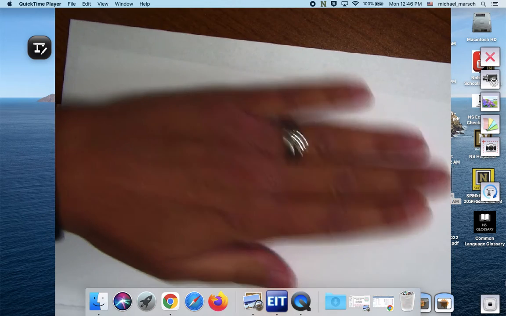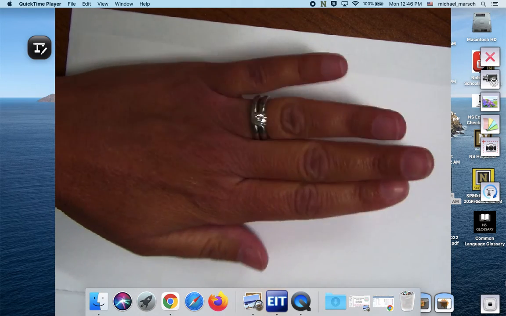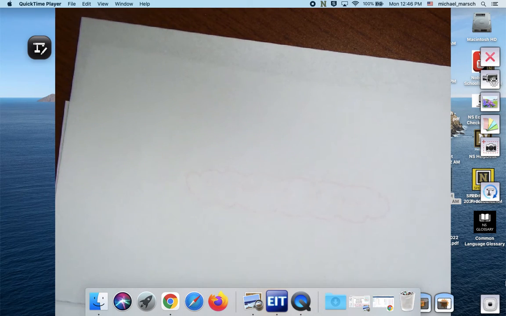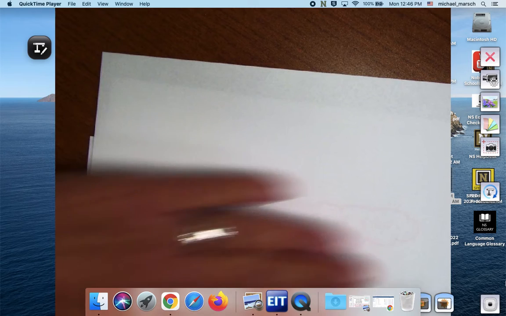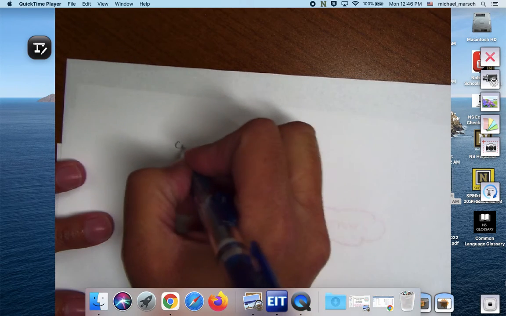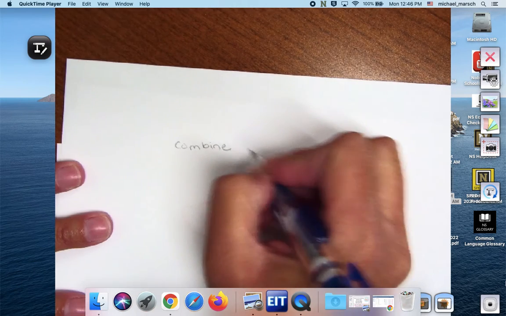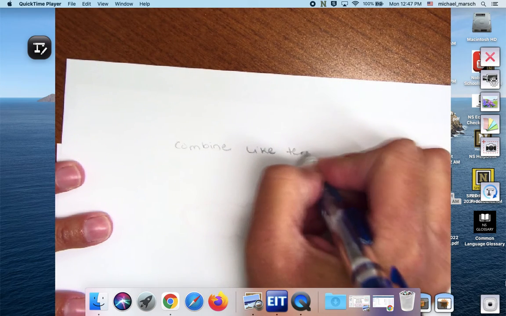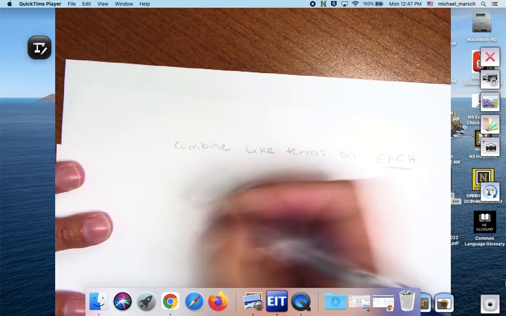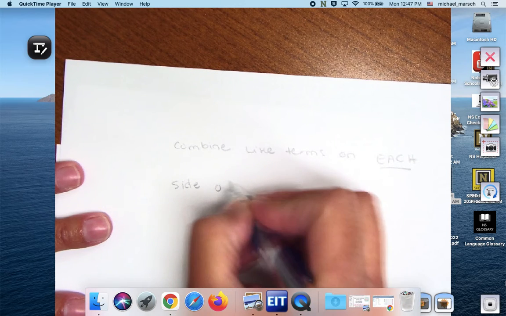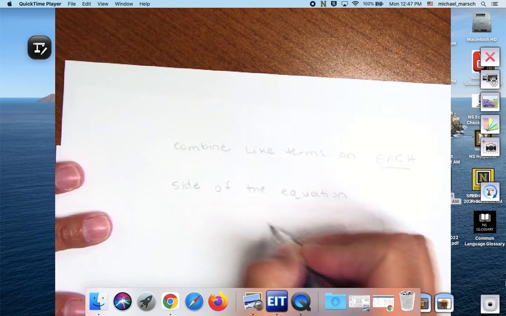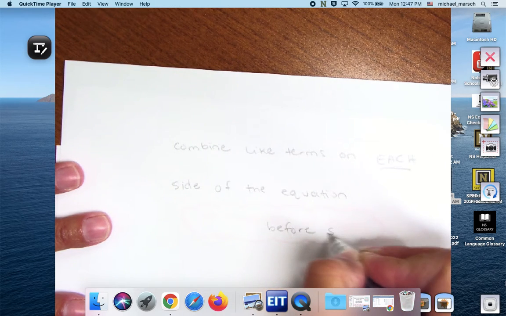And now I'm up here at the top. Check on your neighbor, make sure they're writing in the correct spot. Combine like terms on each side of the equation before solving.